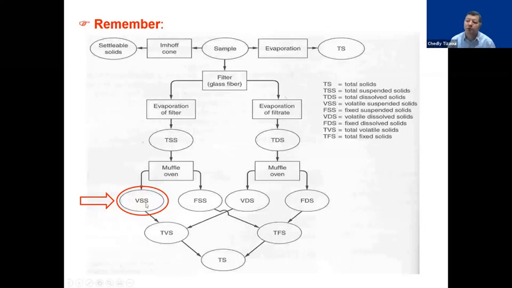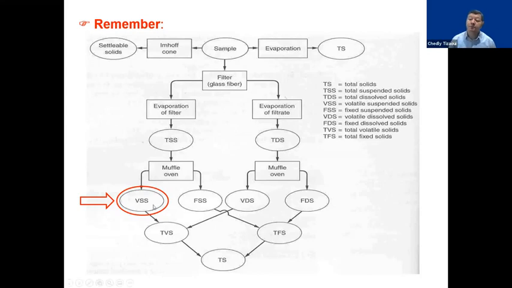And if you place that filter, which is made of glass fiber, so it can withstand a muffle oven at high temperature, 400 degrees C, then you obtain two fractions, the volatile suspended solids, and the fixed suspended solids. So that volatile suspended solids is a representation of the amount of bacteria that you have in the wastewater. And as you can see, that's more or less a surrogate way to measure the amount of bacteria or microorganisms you have in the wastewater.